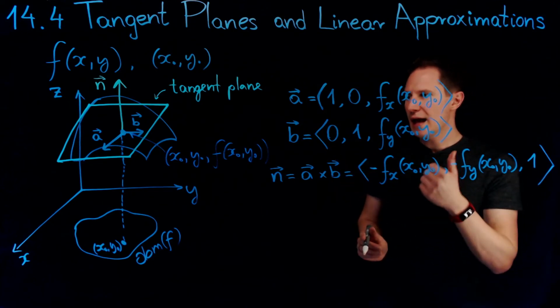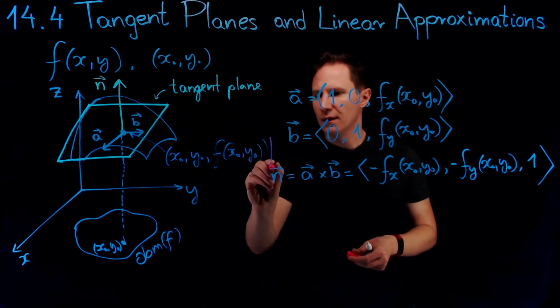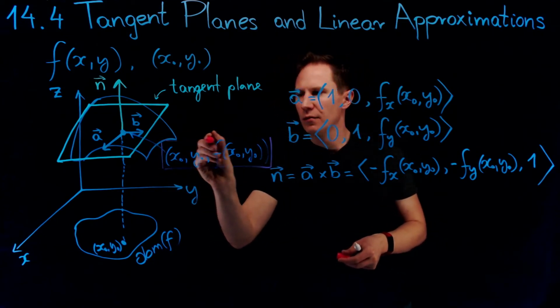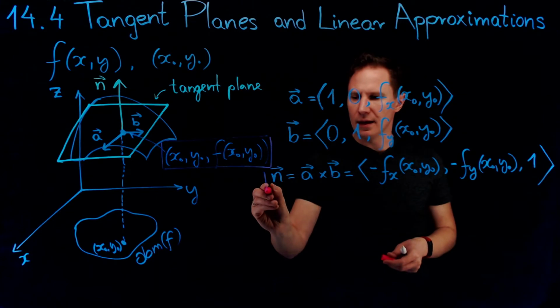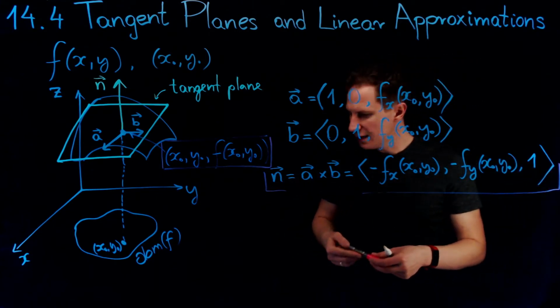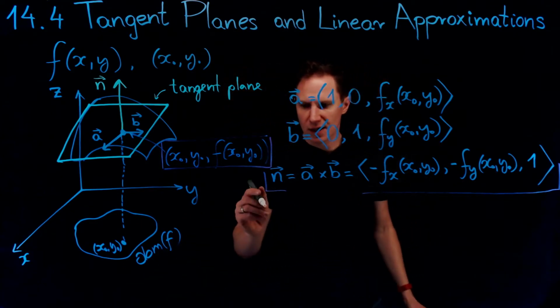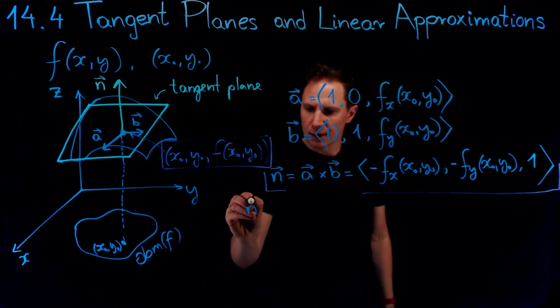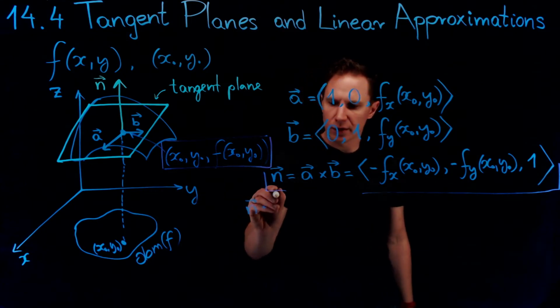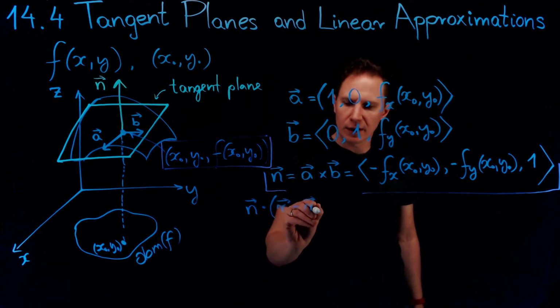Now we have a point on the plane, and we also have a normal vector. With these two, we can write down the equation for the plane, which is given by the relation that the normal vector is perpendicular to any vector in the plane.